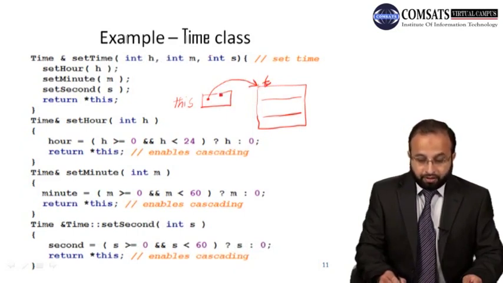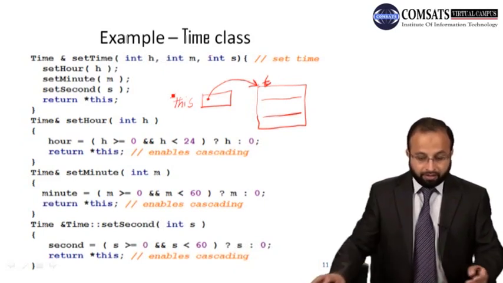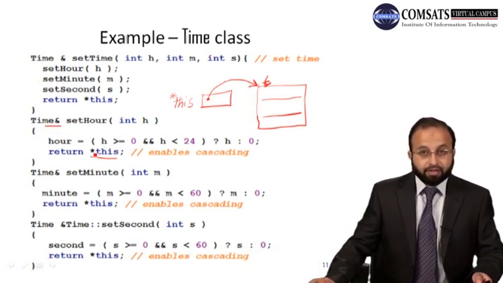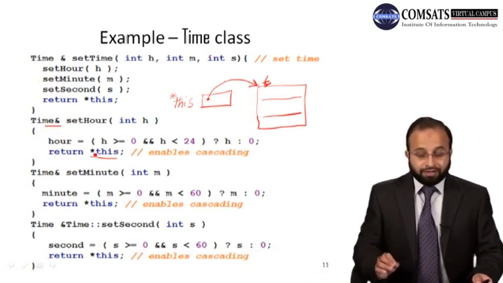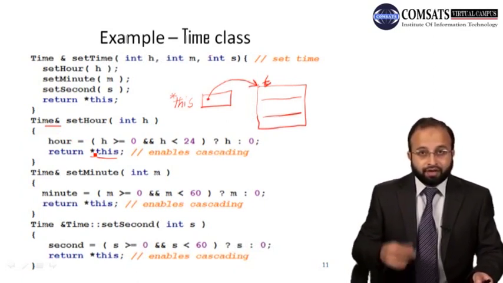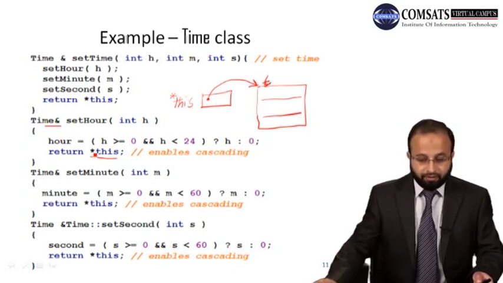So why are we returning the reference over here? This is the pointer. Now what I said is that if you return static this, it is returned by reference, as mentioned here. Why do we return static this, why not this? The difference is that if you return this, then you are returning the reference of a pointer, right?